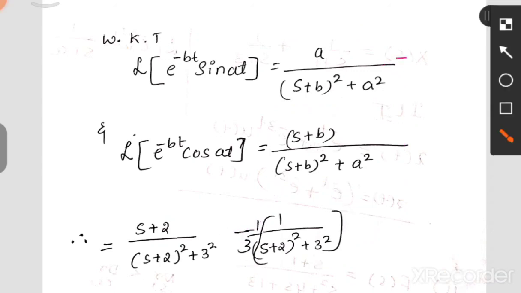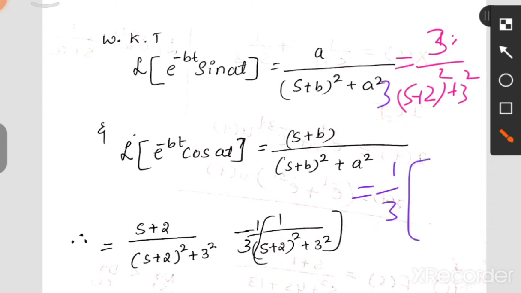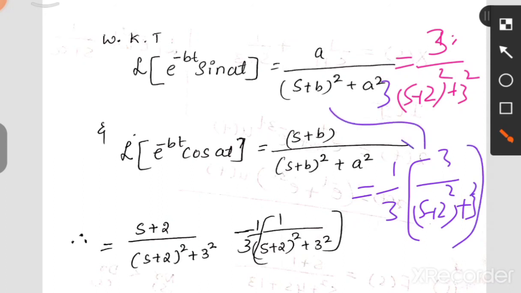Take this factor, which was 1 divided by s plus 2 whole square plus 3 square. We make a equal to 3 here. So to make 3 here, we have to multiply and divide it by 3. So now 1 by 3 into 3 divided by s plus 2 square plus 3 square. Now it is in this form.